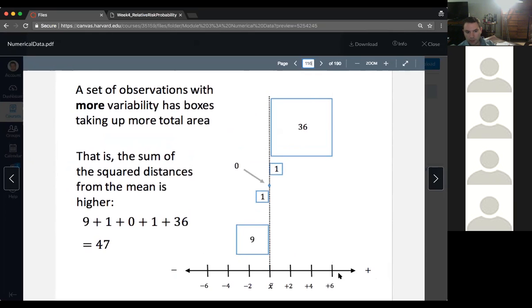And these are all on the number line, as you can see here. And the way to calculate your variance is you're going to add up all of the, so it's the sum of the squared differences, right? And the reason why they're squared is because we want them to be positive numbers, because we can't deal with negative numbers to calculate the variance. So we square them in order to make everything positive.